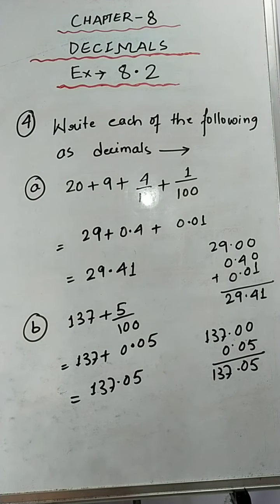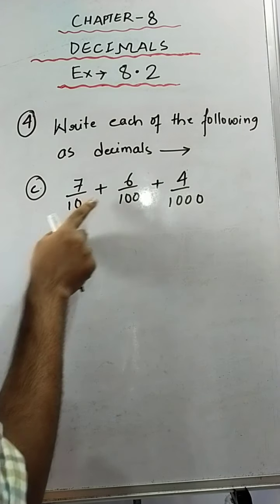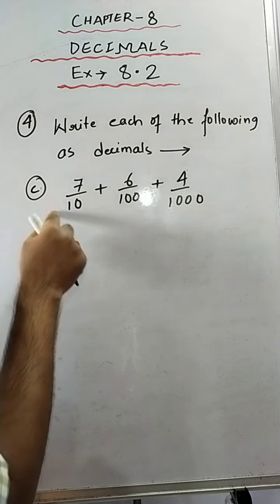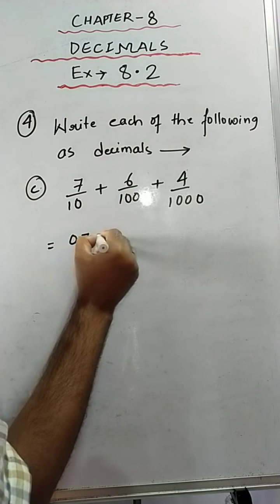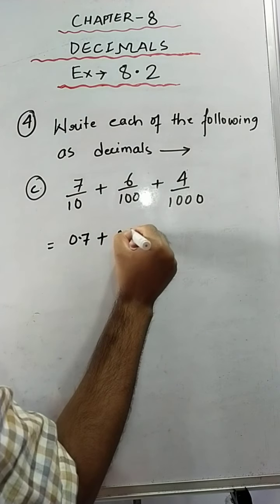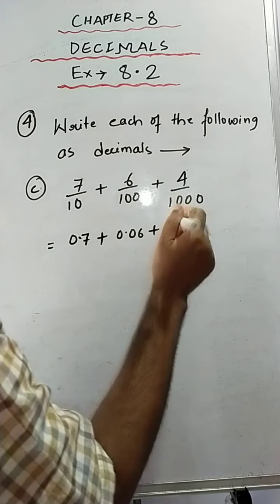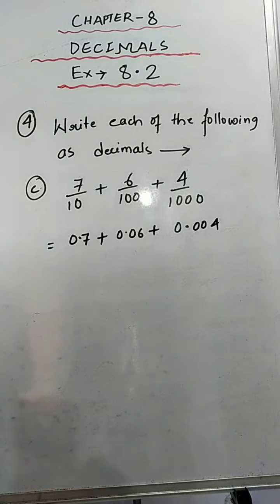Now let's move on to sum number C. In sum number C, we have 7 by 10 plus 6 by 100 plus 4 by 1000. How to write the decimal form of 7 by 10? It will be 0.7. What will be the decimal form of 6 by 100? It would be 0.06. What would be the decimal form of 4 by 1000? It will be 0.004. Fine.